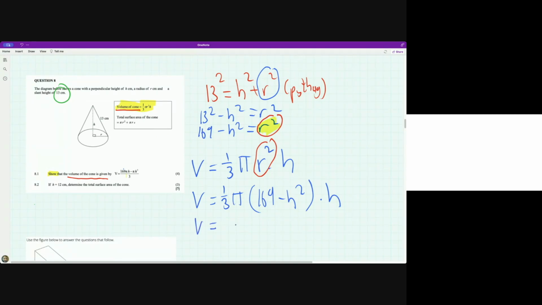Well, 1/3 can be written as over 3. That's fine. The pi and the h can come to the front. So I get that, and then the last bit is just going to be 169 pi h minus pi h cubed over 3.